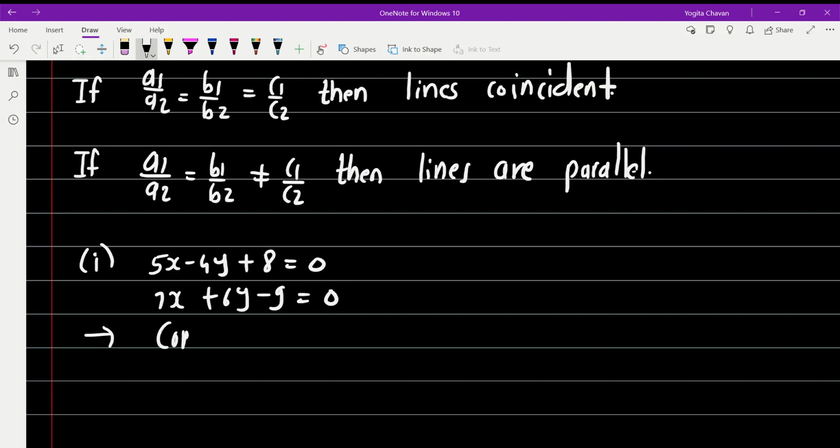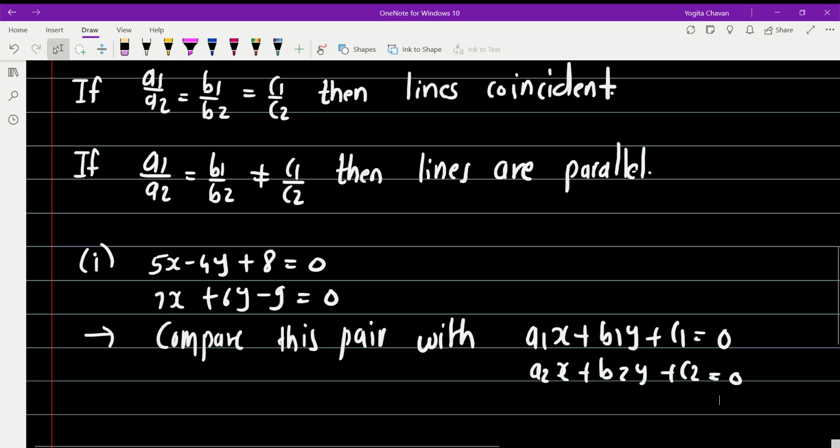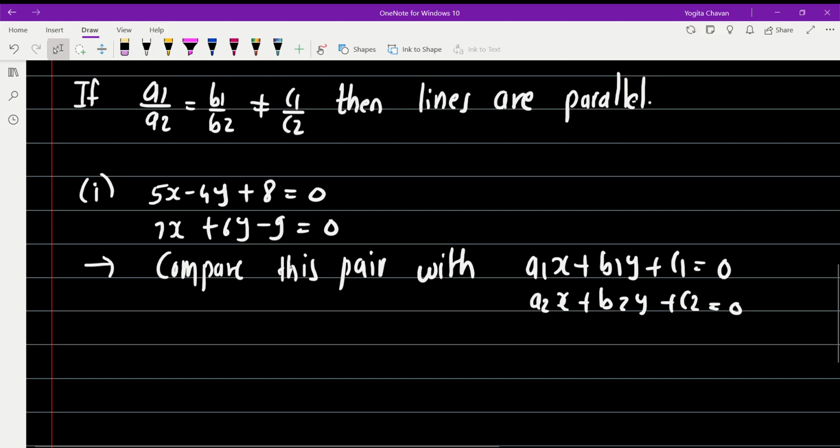Now compare this pair with a1x plus b1y plus c1 is equal to 0 and a2x plus b2y plus c2 is equal to 0. Now look at the first equation, 5x minus 4y plus 8. What is the value of a1? a1 is the coefficient of x and here the coefficient of x is 5. So a1 equal to 5, b1 is equal to minus 4 and c1 is equal to 8.